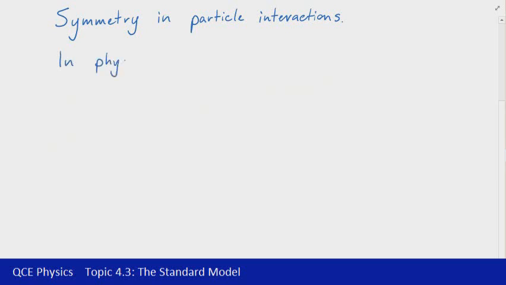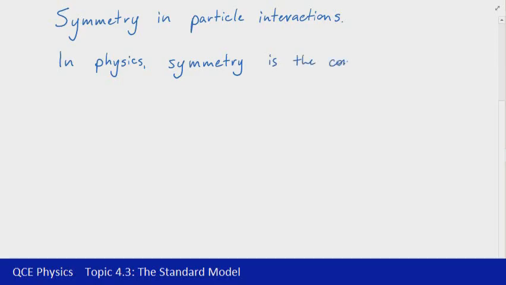Now, you might be used to symmetry as being that idea where things look the same either side, so imagine butterfly wings, or if you think about it in terms of maths, being able to divide a shape so that it appears the same on both sides of that divide. In physics it's a bit different to that.